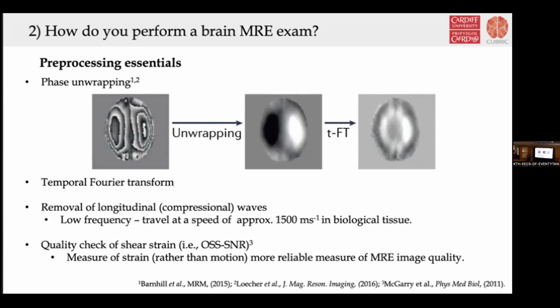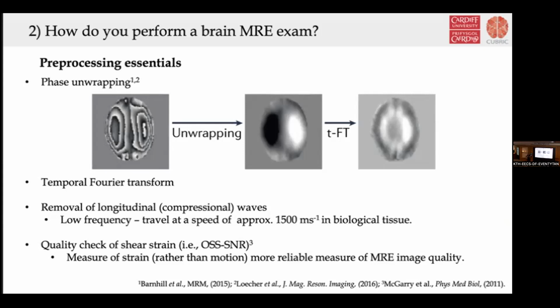You can use high-pass filtering, or you can calculate the vector curl of the measured wave field. This essentially removes the low frequency bulk waves and leaves only the remaining shear waves that you're interested in. And the compressional waves travel so fast that there's not a way to capture this at the moment.